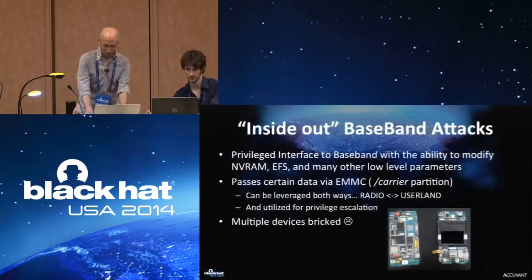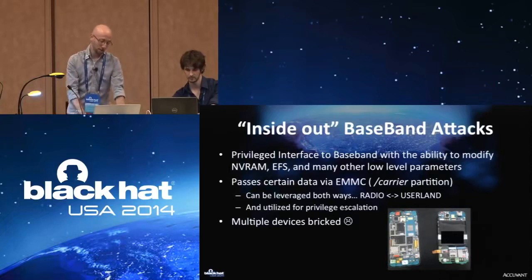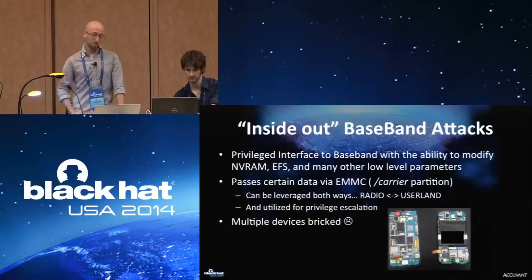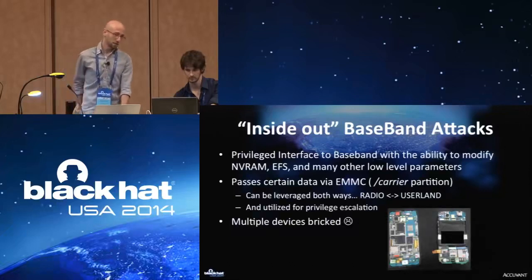So, another interesting portion: inside-out baseband attacks. We have a privileged interface to the baseband. We're able to modify the NVRAM, EFS, and other low-level parameters. Some of this data is passed via the eMMC. That's the carrier partition.